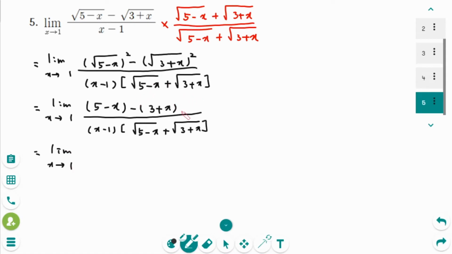Then simplify again, the numerator is 5 minus x and minus 3, then minus x.